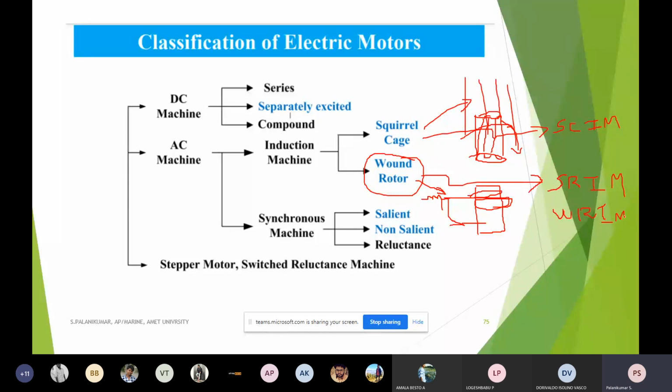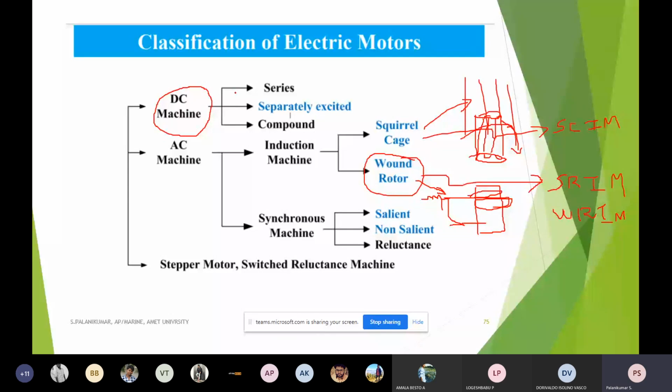Earlier in electric vehicles, for example the Japanese company Nissan, you know the Nissan Leaf, currently they are using only DC machines for propulsion. Whereas Chevrolet uses a brushless DC motor.